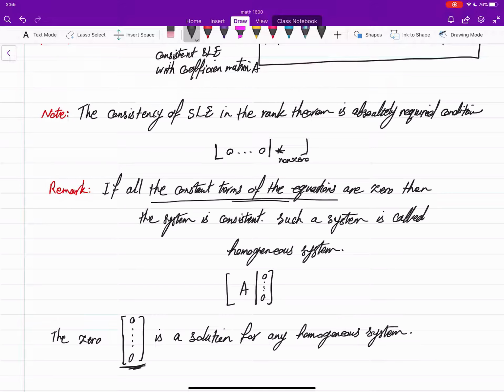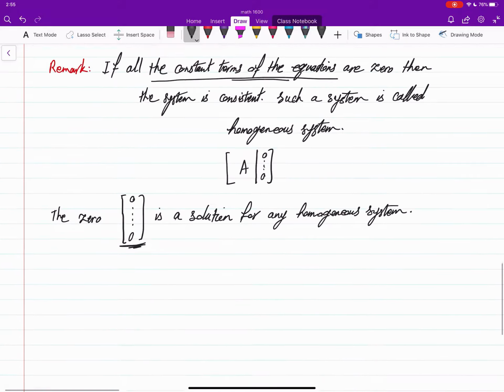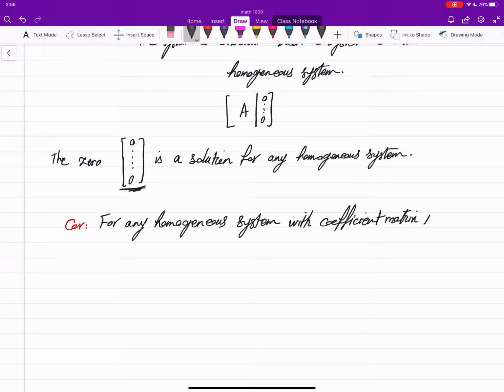Okay, so now if we apply the rank theorem for these homogeneous systems, then we know as a result, a corollary, that for any homogeneous system with coefficient matrix A, the number of free variables or parameters is equal to the number of variables minus rank of A. Again, when you work with homogeneous systems, you don't need to be worried about the consistency of the system.